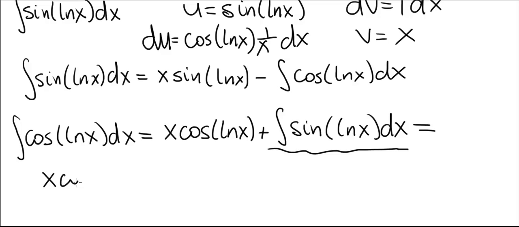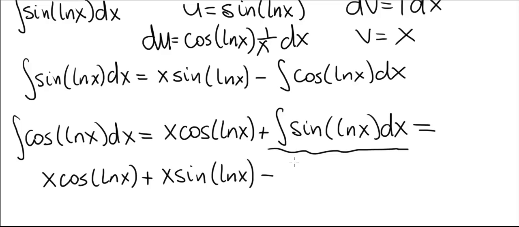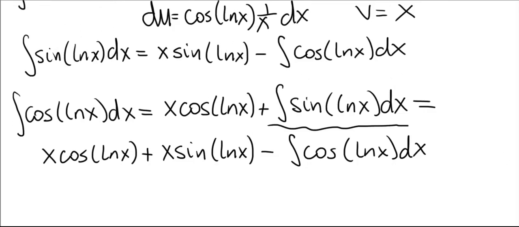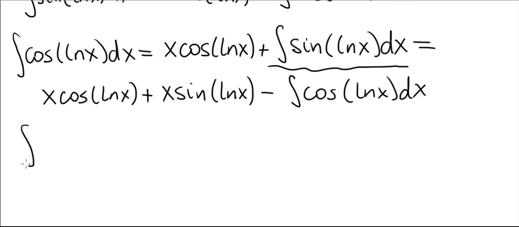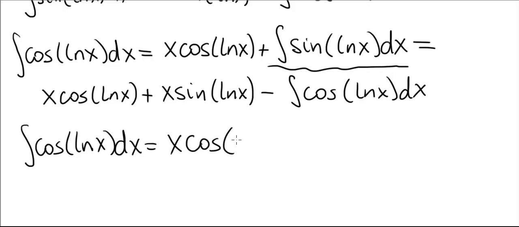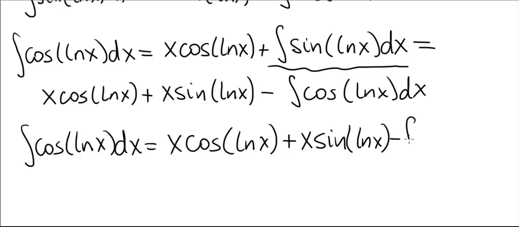So we have x cosine ln x plus x sine of ln x minus the integral of cosine of ln x. Let's put everything together and get rid of the middle part. So the original integral of cosine of ln of x is equal to x times cosine of ln of x plus x times the sine of ln of x minus the integral of cosine of ln of x.